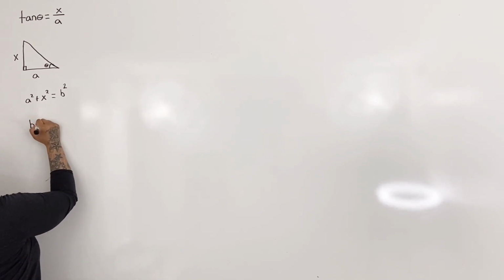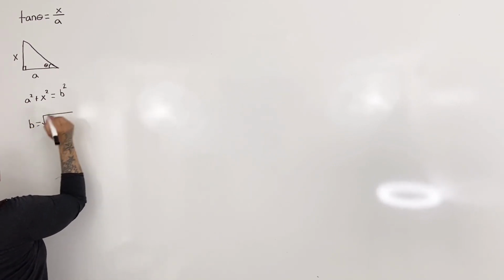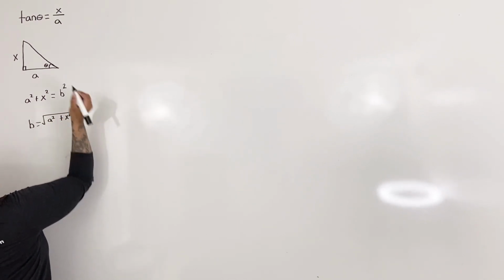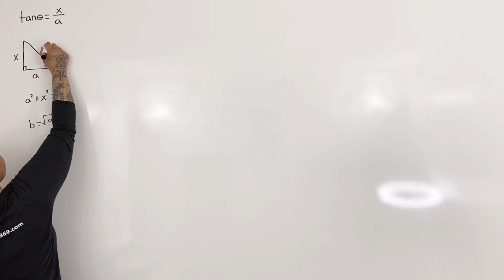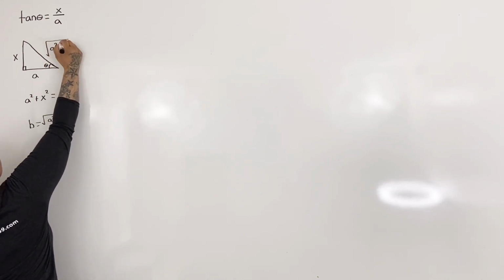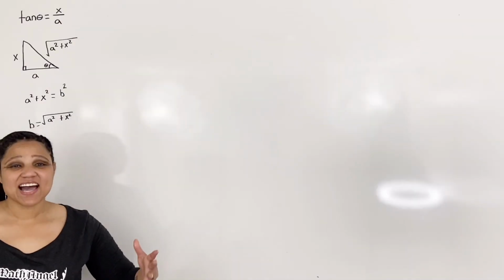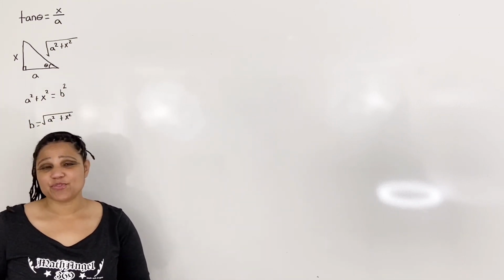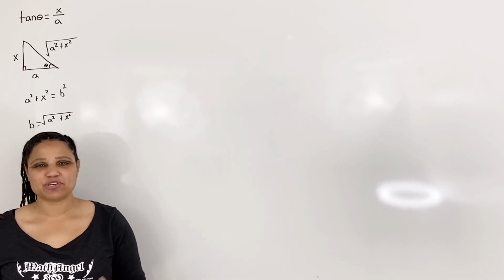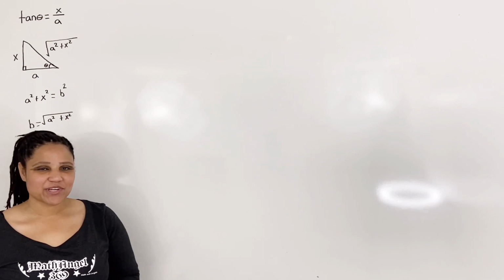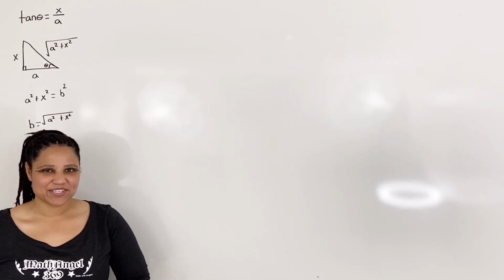So b is equal to the square root of a squared plus x squared. So I'm going to fill that in. The side that we just solved for is similar to the way your question will be presented to you, and it gives you a clue on which trig equation and triangle to use.